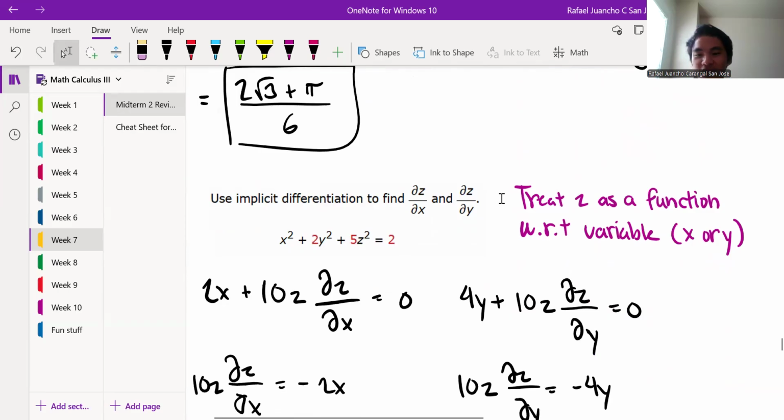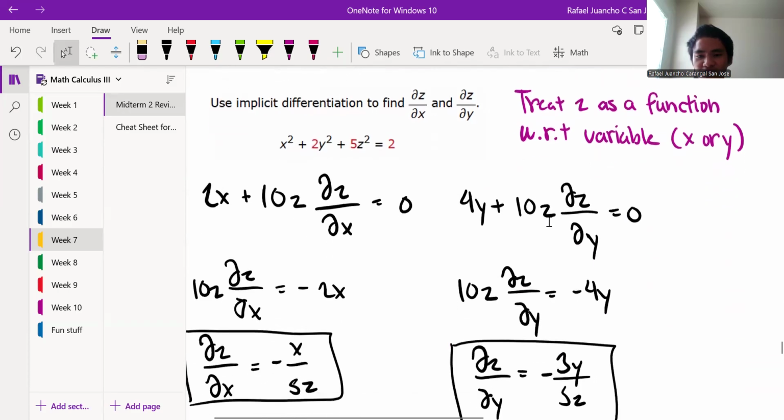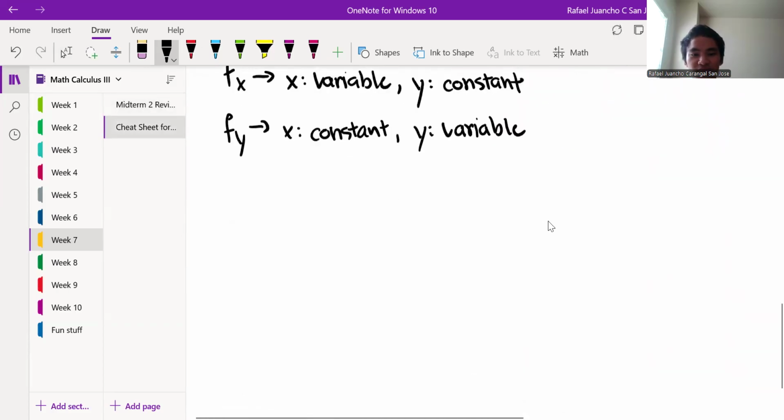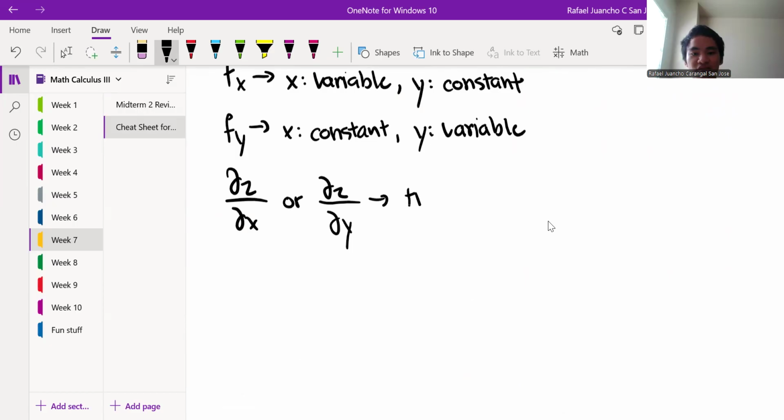And then here, for implicit differentiation, we basically treat z as a function with respect to one variable, and the other one is constant. Or it's some number, right? In cases where we have this or this, we basically treat z as a function.